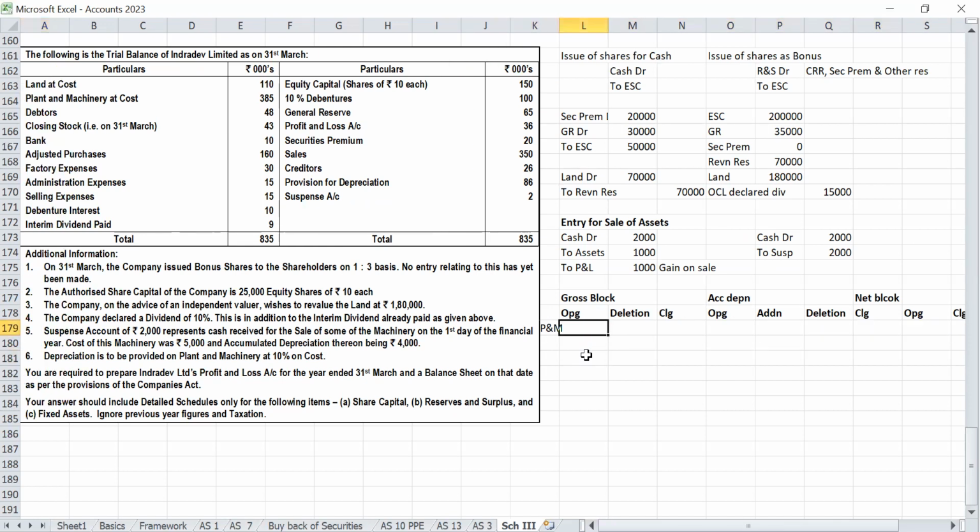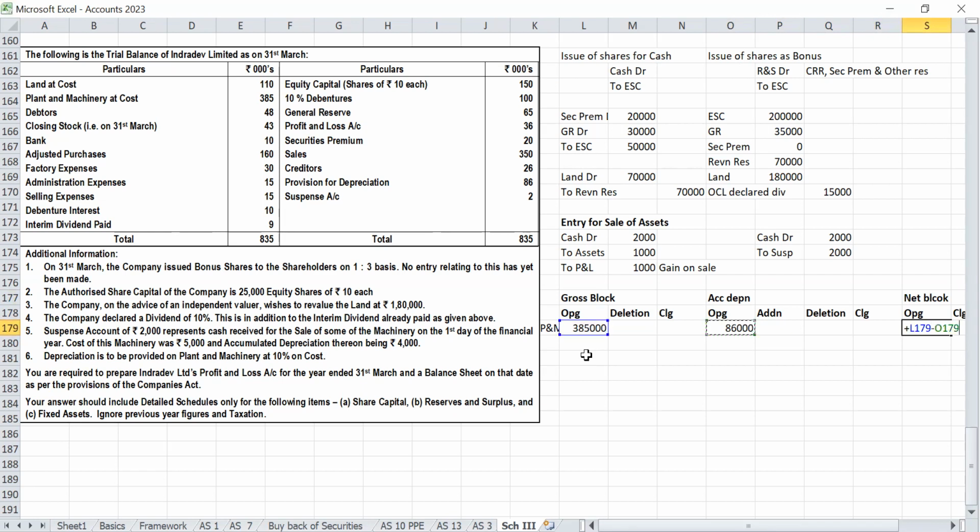Say it again from the beginning. Opening how much? 3,85,000, sir. Opening accumulated depreciation 86,000.